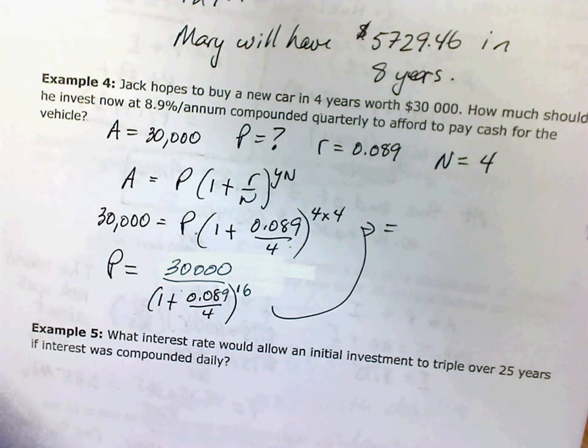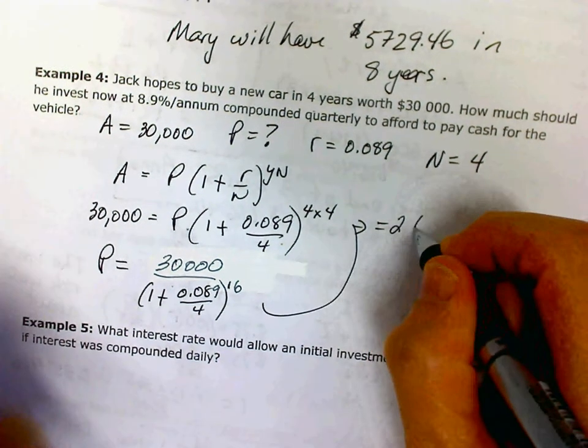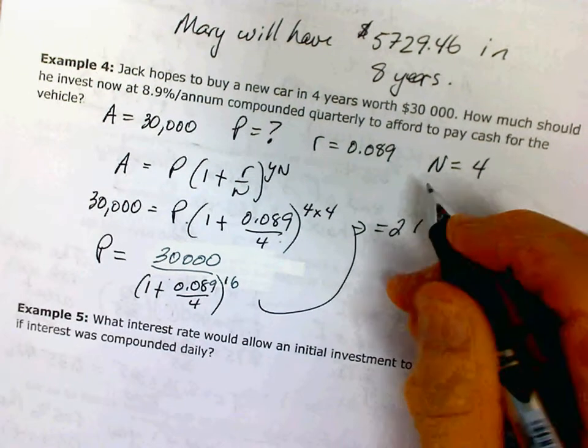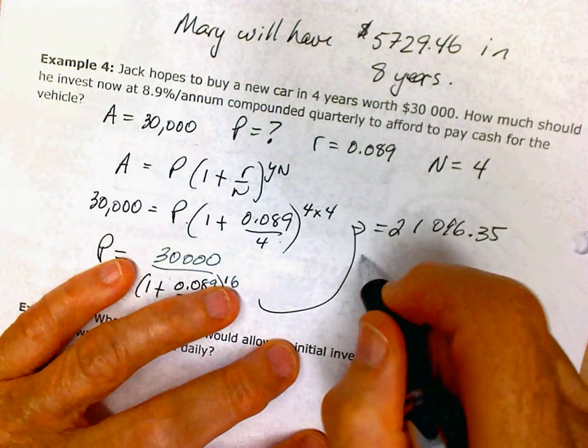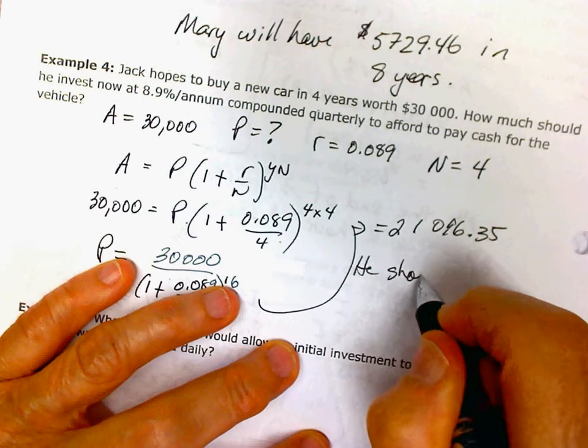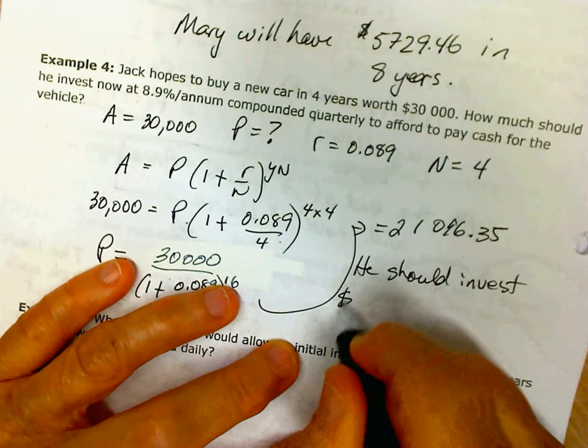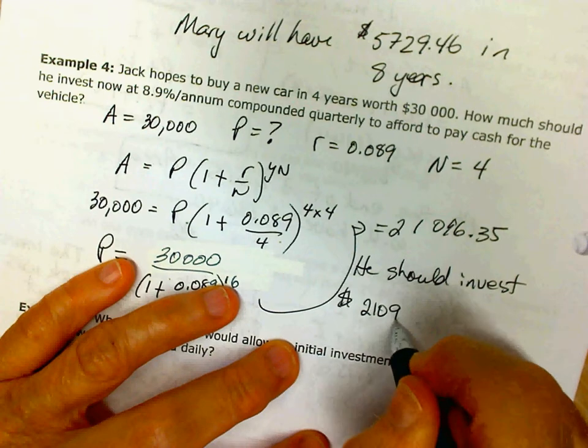And I get 21096.35. He should invest 2109.36 now.